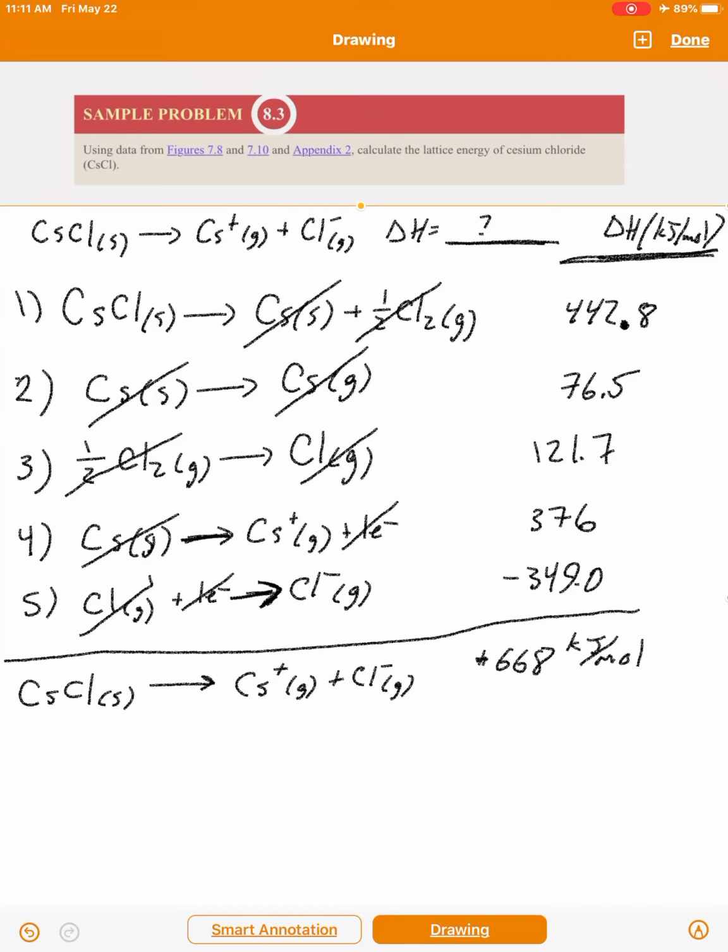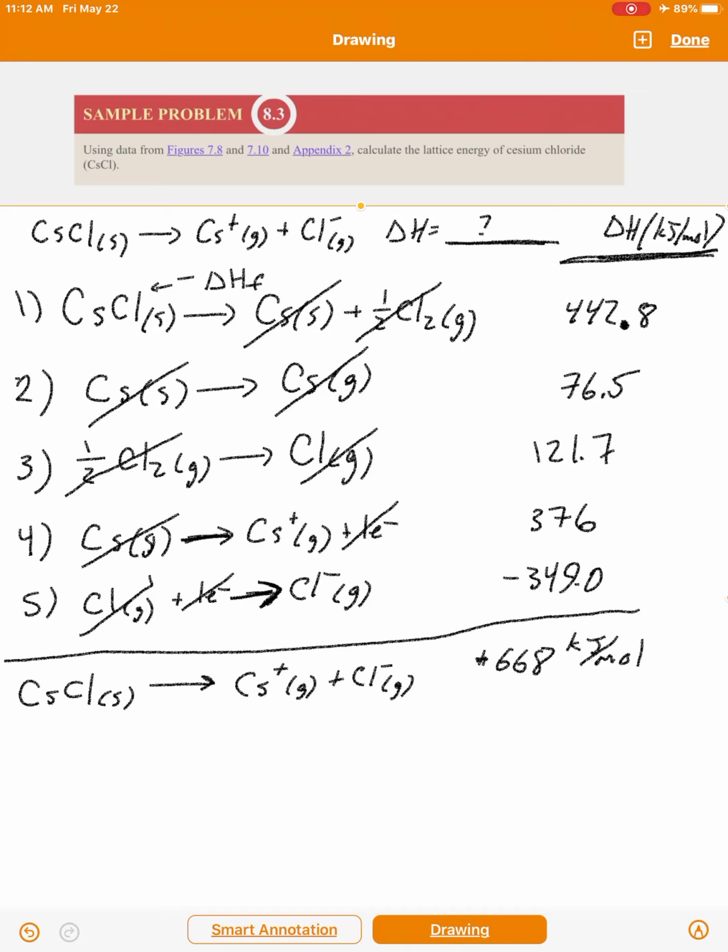That's just the reverse of the heat of formation of CsCl. Remember, the heat of formation of a substance is you take the elements and then you form the compound, 1 mole of the compound. So this is minus the heat of formation of CsCl. So you look up the heat of formation in Appendix 2. The negative of that is positive 442.8.